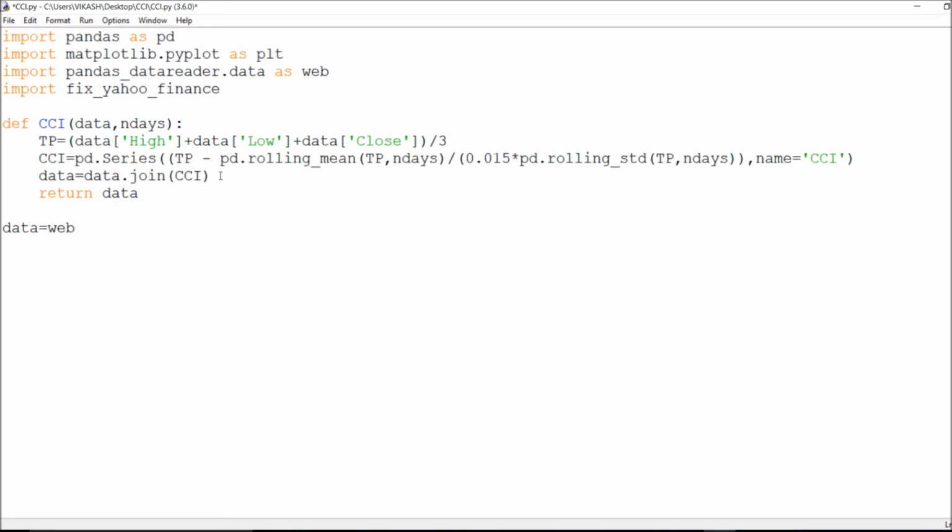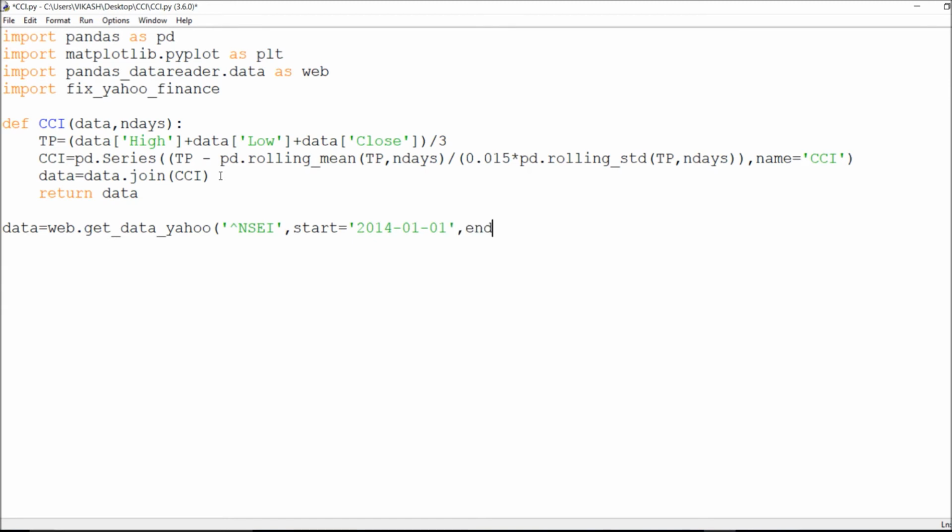So I will get the data from Yahoo Finance, giving the symbol for Nifty, and I will mention the start date as 2014 January, day 1.